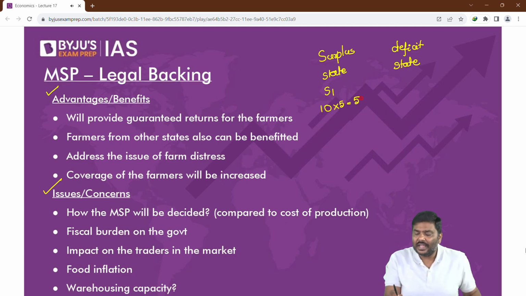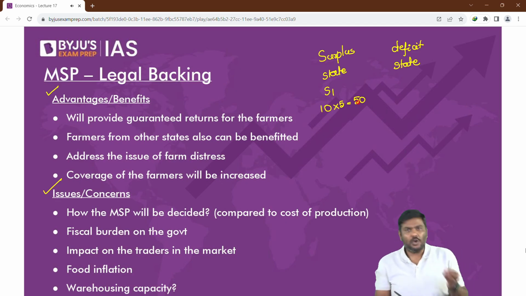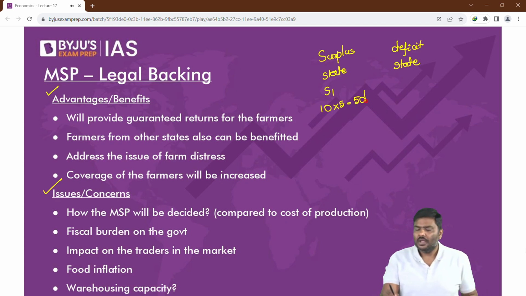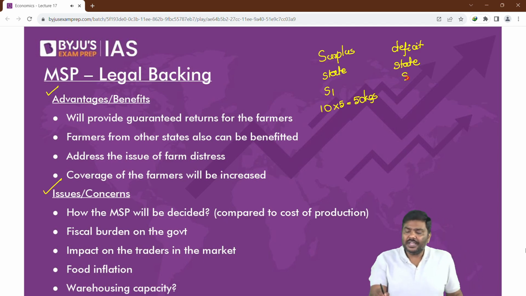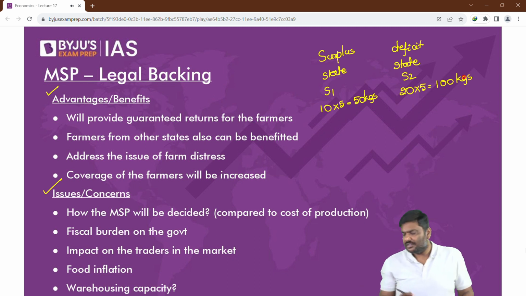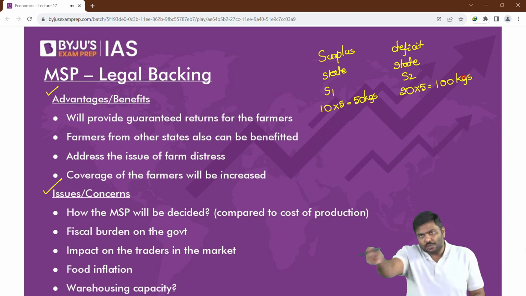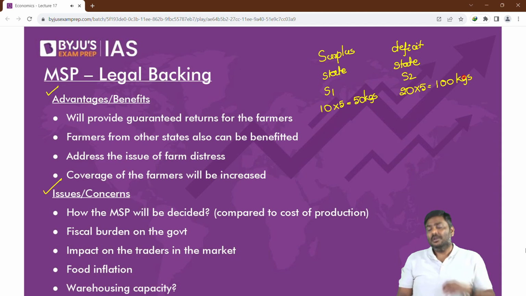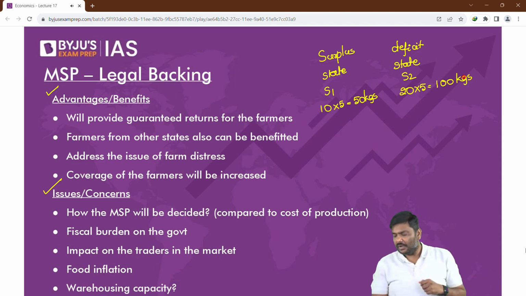So government will require 50 kgs of food grain in state 1. In the second state, imagine there are 20 people to be given 5 kgs each, which means government should have 100 kgs to provide to the beneficiaries.